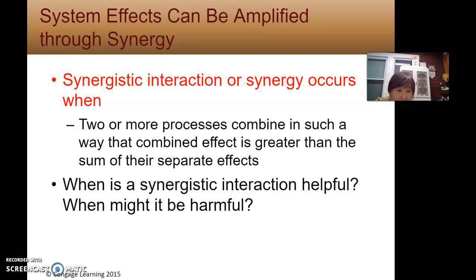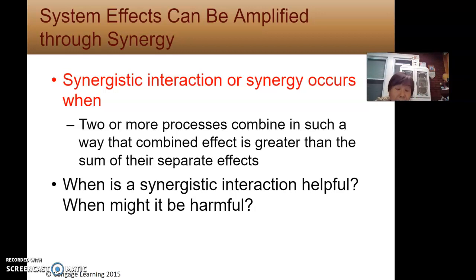their separate effects. So for example, the impact of a hurricane is bad, and the impact from a tsunami is bad. However, if you have these two at the same time, their impact is bigger than their separate effects put together. Like some medicines, if you take them together, they can cause a really bad reaction.